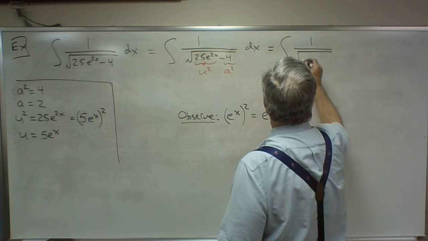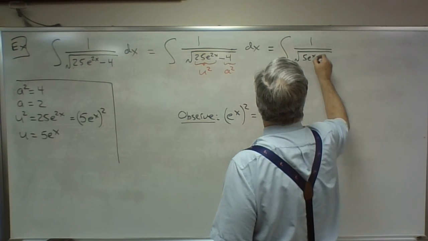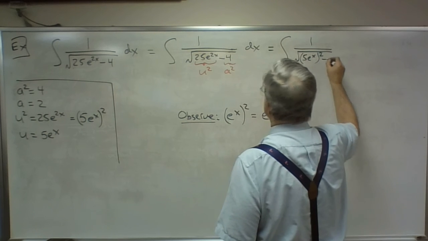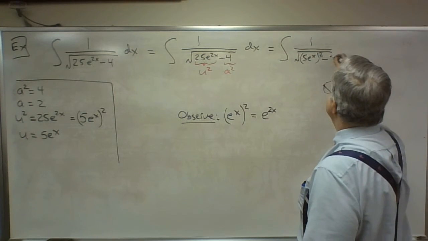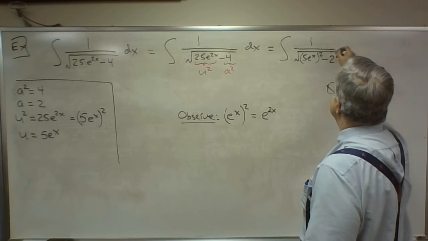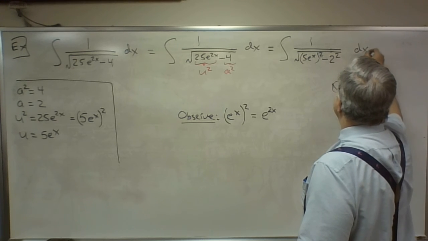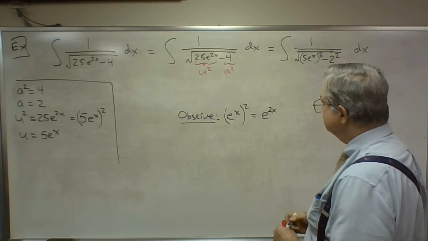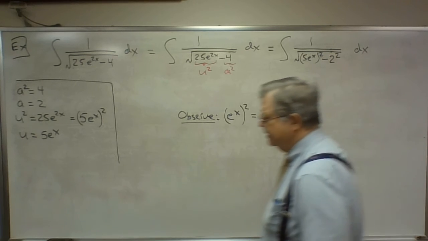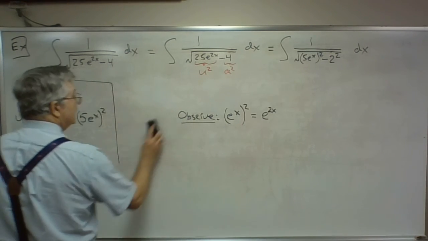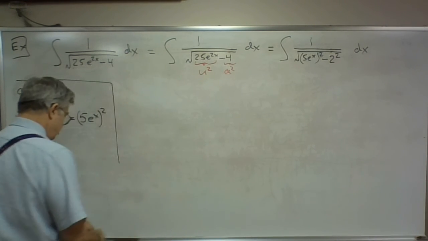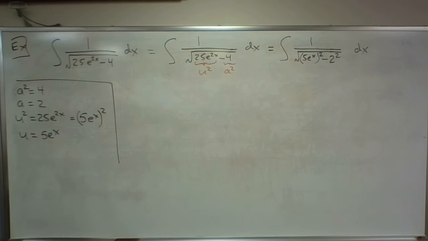And that was 5e to the x quantity squared minus 2 squared. Now, let's see where we're coming up short.